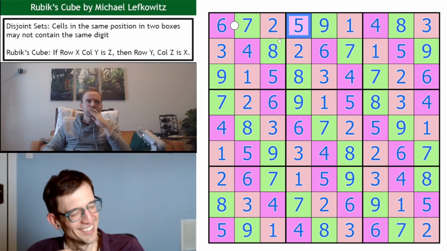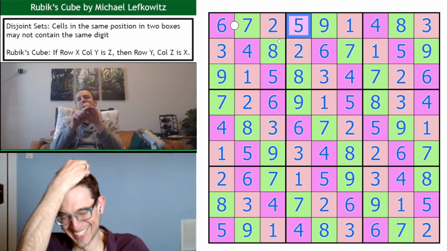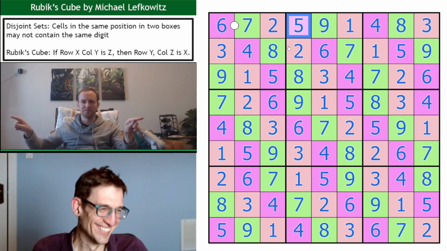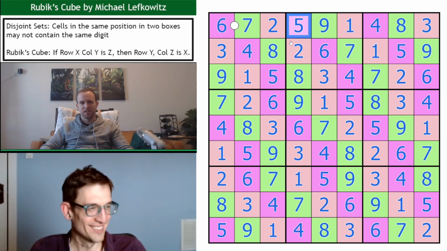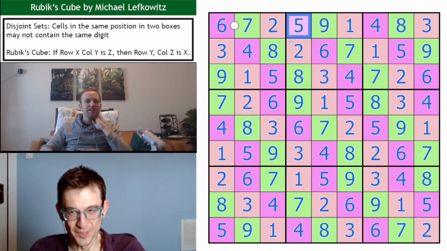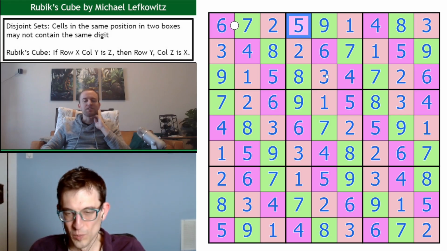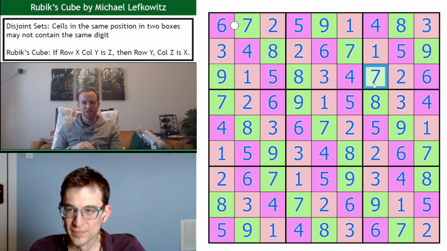No, I can't do it. If you have something in the same row, the column index and digit value can't both be the same mod 3. Yes, there you go. Because if they're rotating it, it's saying if it's the same digit, the row index and column index can't be the same mod 3.